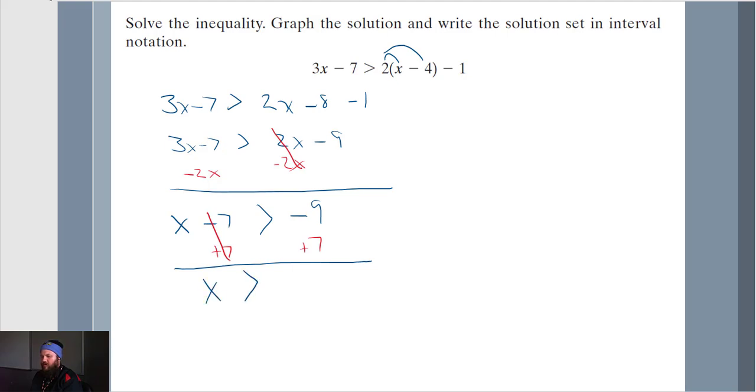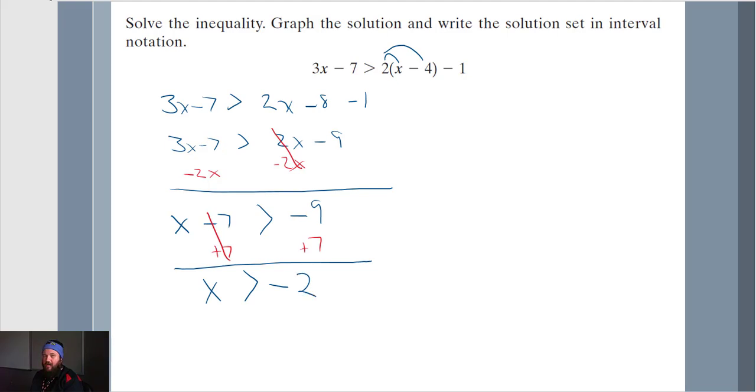x is greater than, and then negative 9 plus 7. Now 9's a bigger number, so the negative is going to stay, and then if we're short $9 and we get $7, how much do we have left still? Or how much do we still need? $2, right?